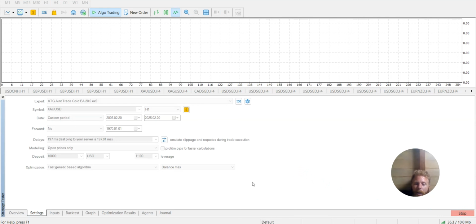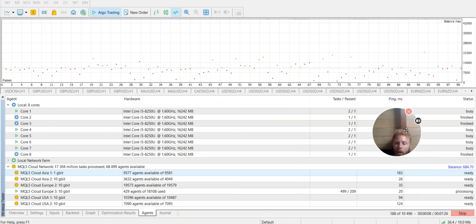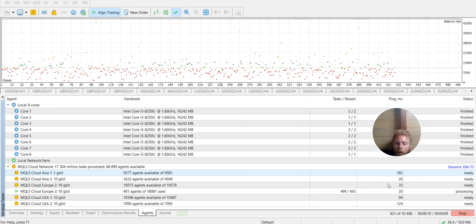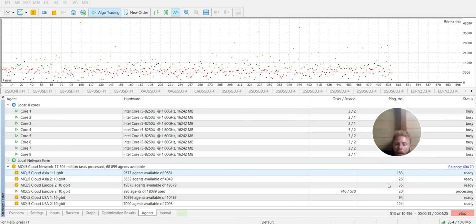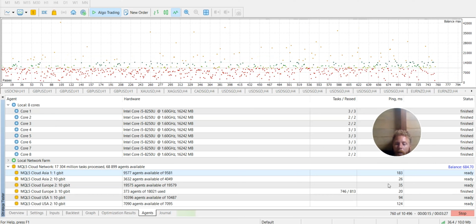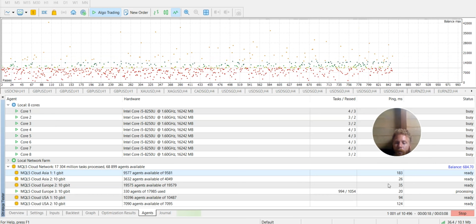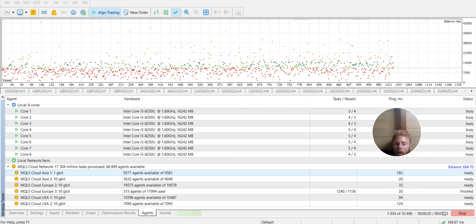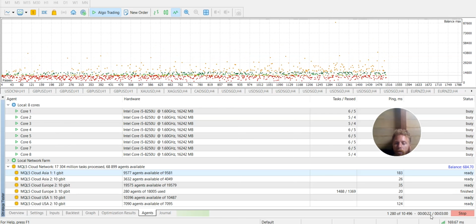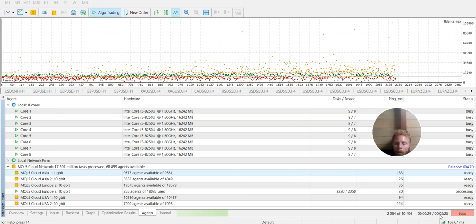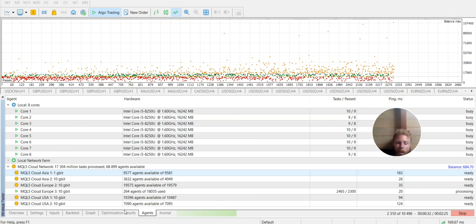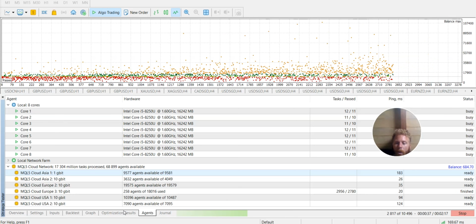Let's see how the cloud networks are going. They are going great. So it is showing that it is going to take around now 3 minutes, 2 minutes. We are going to see 684.7.